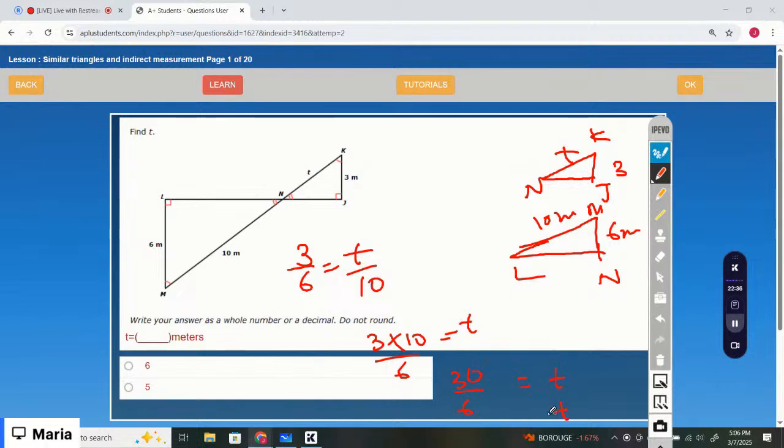That is T equals 5. Option number 2 is the correct option.